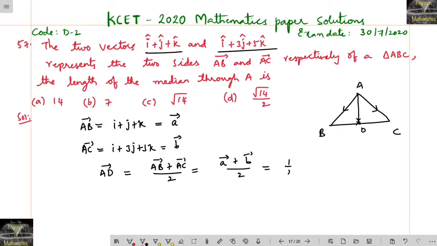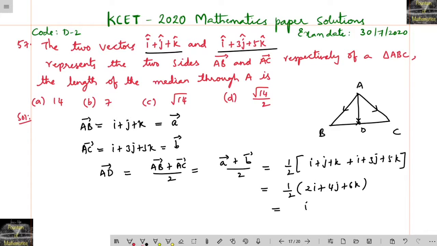So that is 1 upon 2 times of i plus j plus k plus i plus 3j plus 5k, which equals 1 upon 2 times of 2i plus 4j plus 6k. So this we can write as i plus 2j plus 3k. So this is vector AD.